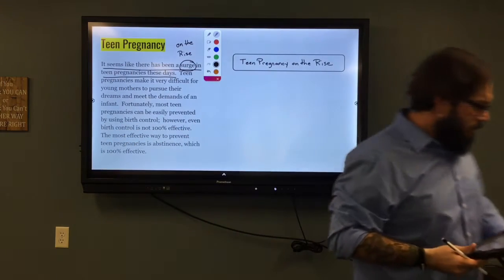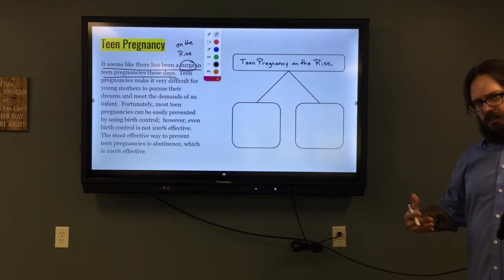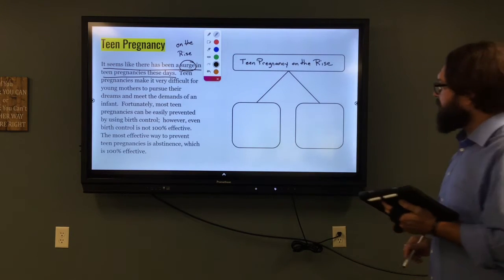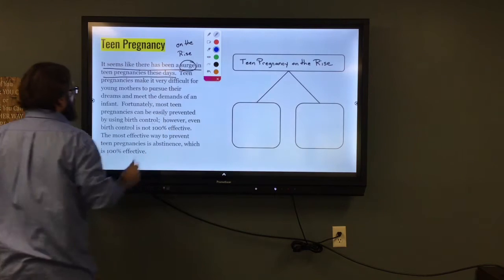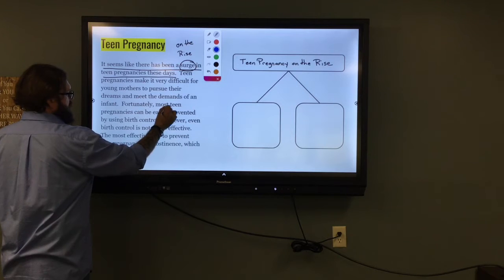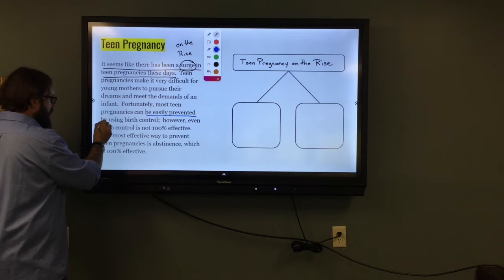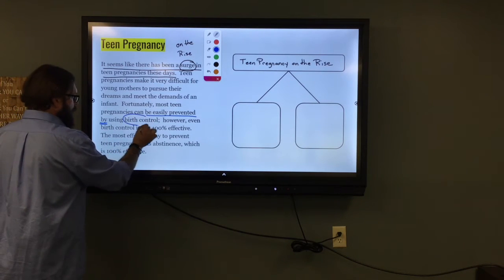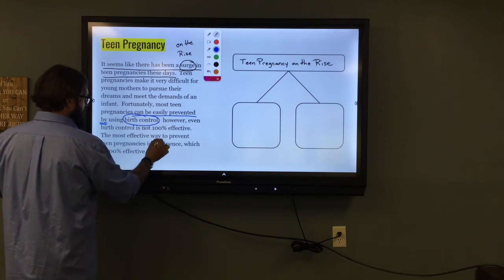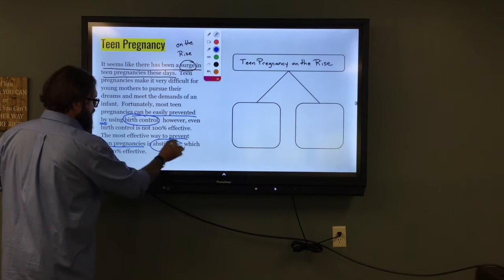All right. So, what are the solutions that the author presents to prevent teen pregnancies? Well, here we see him offer two. So, most teen pregnancies can be easily prevented by birth control, and then prevent teen pregnancies, abstinence.